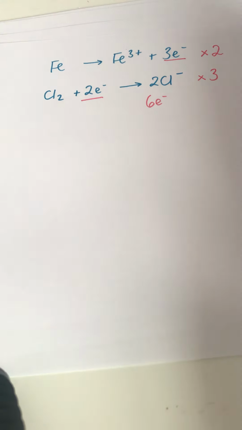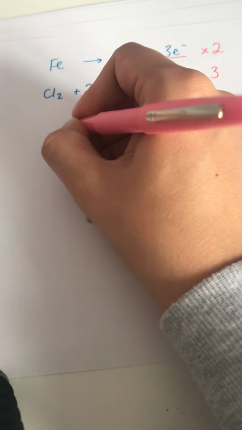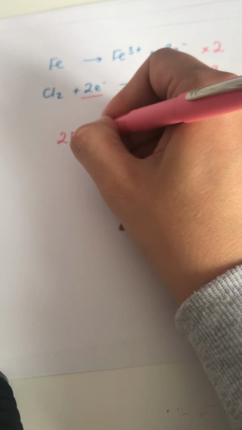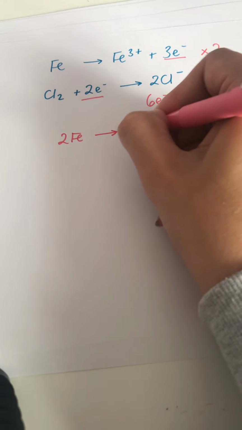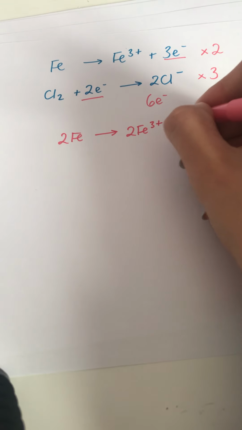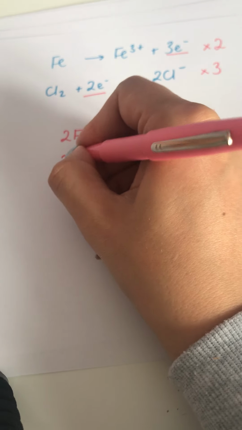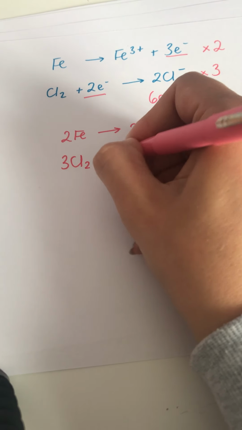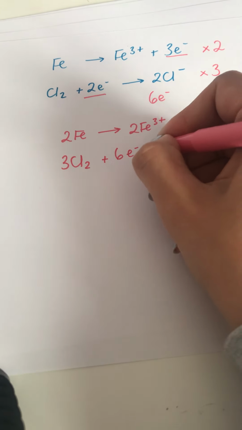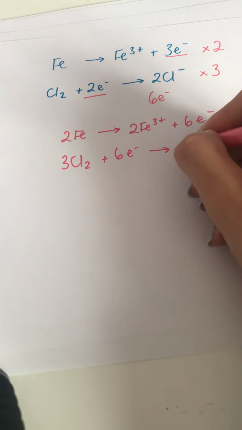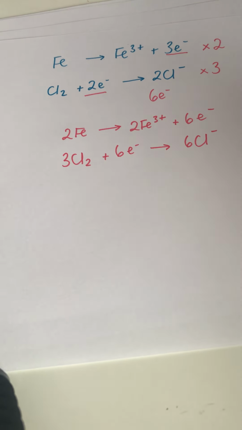So if I rewrite those then, I've got 2 Fe's to make 2 Fe3 pluses and 6 electrons, and I've got 3 Cl2s and 6 electrons to make 6 Cl minuses.